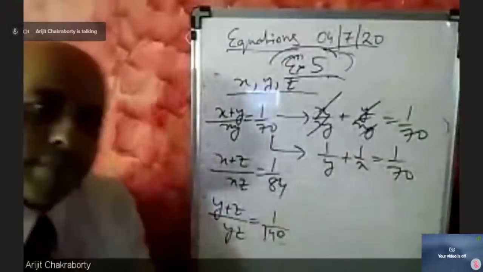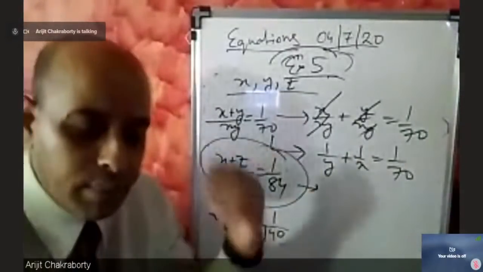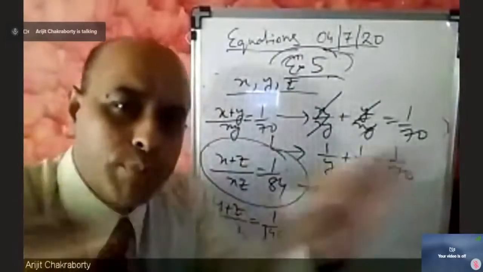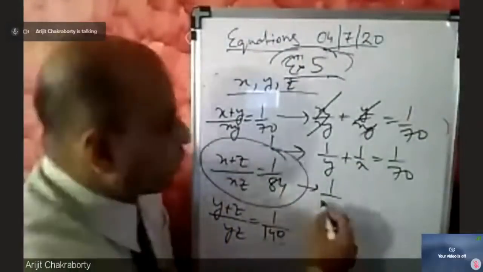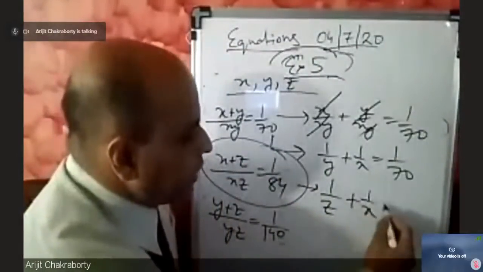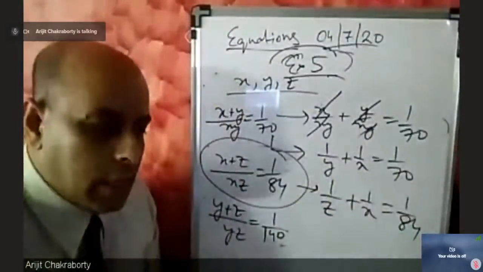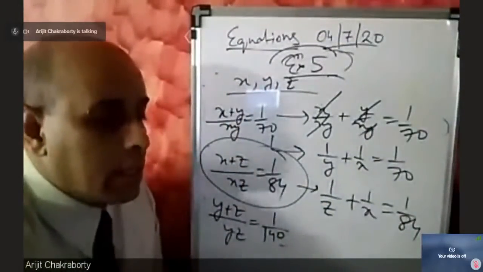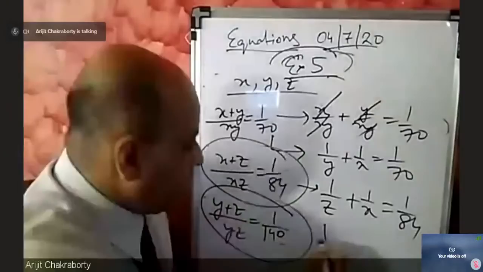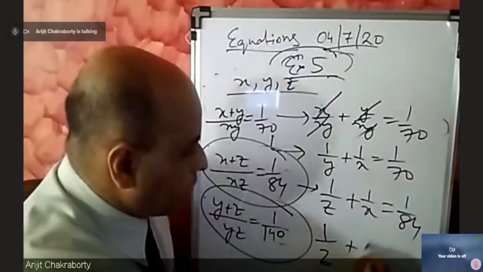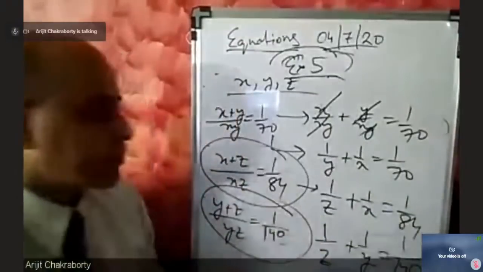The second equation, in a similar way, you get 1 by z plus 1 by x is equal to 1 by 84. And similarly, the third equation gives 1 by z plus 1 by y is equal to 1 by 140.